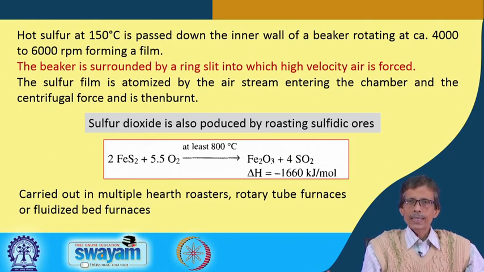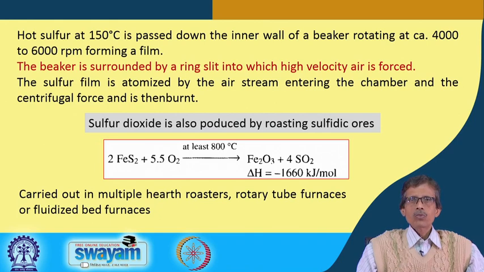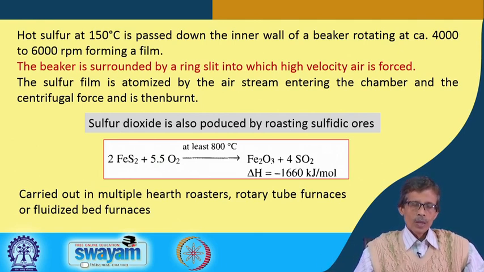So, that industry, besides making iron or steel or any other material based on iron, can also produce sulfuric acid from a very straightforward reaction of getting sulfur dioxide, converting it to sulfur trioxide, and that sulfur trioxide through water absorption giving you H2SO4.